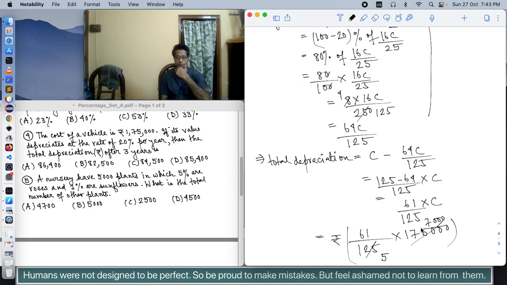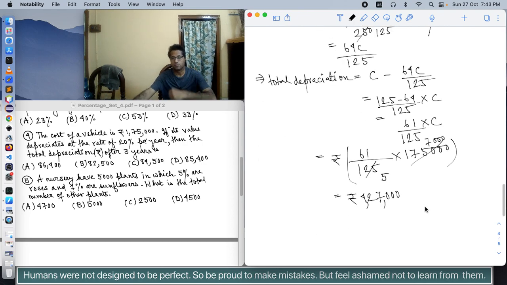Now this must be the total depreciation. If we substitute the value of C as 1,75,000 and simplify, it becomes... oh, I'm sorry, there was a denominator, there was a 5.